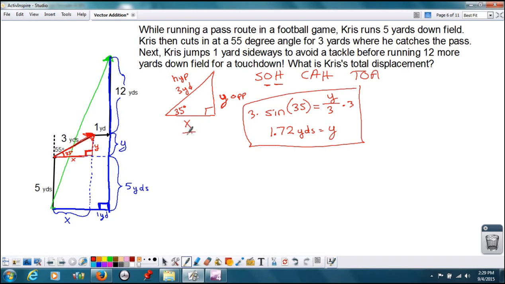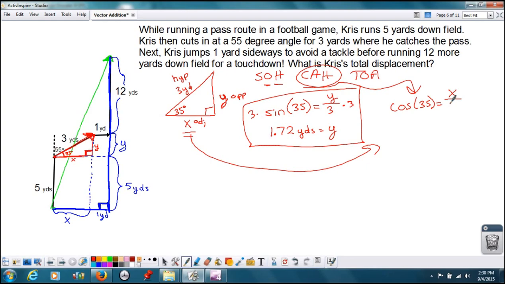Next, let's find x. X is the adjacent side in relation to this 35 degrees. So I've got the adjacent, I was given the hypotenuse, adjacent given hypotenuse, we're going to use cosine. The cosine of 35 is equal to the adjacent, which was labeled as x, over the hypotenuse, which is 3. Multiply both sides by 3. 2.46.